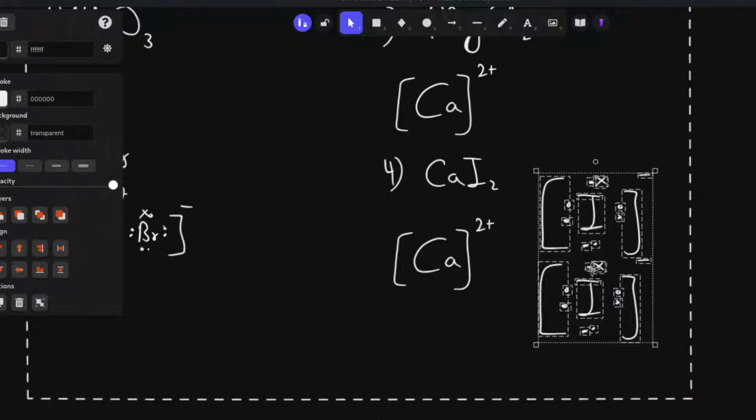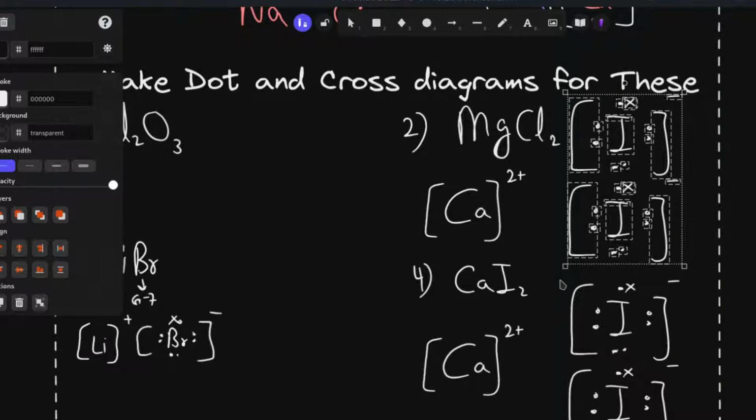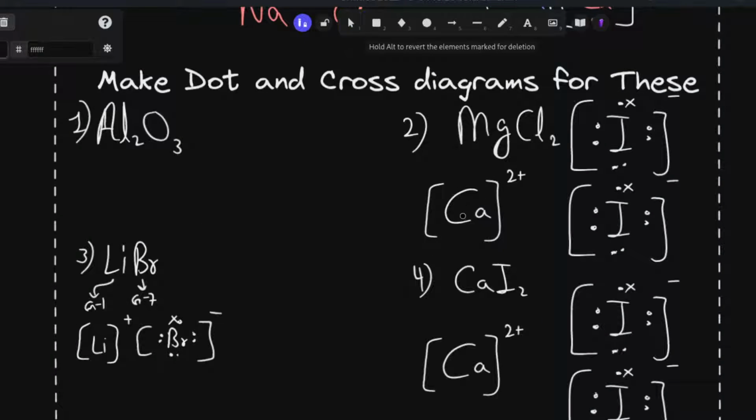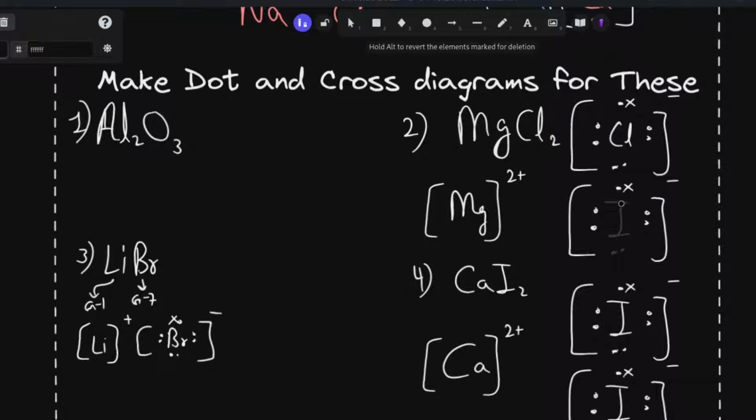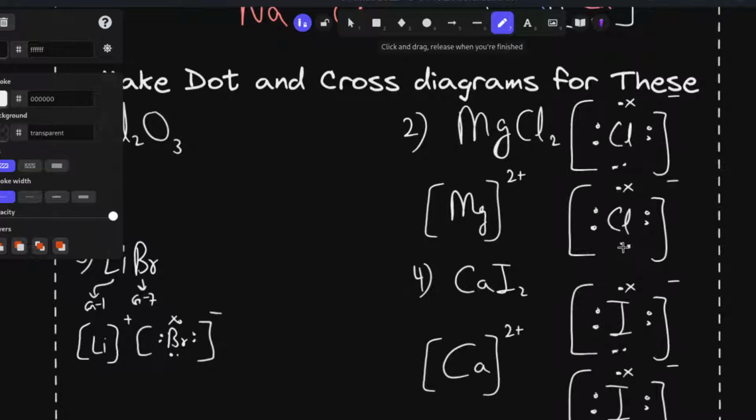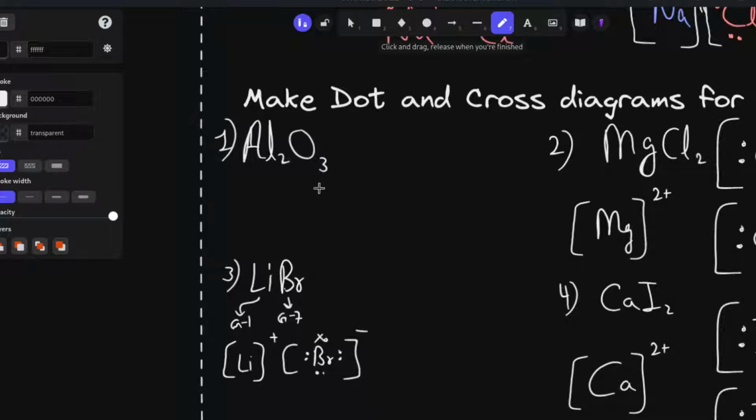Let's take this iodine and place it up there. Now why did I do that? I did that because they are in the same group. Magnesium is of group 2, so I can just replace that with magnesium, and chlorine is of group 7, so I can replace this with chlorine as well, and this as well with chlorine, and this will be the complete structure. Now let's get on to Al2O3.